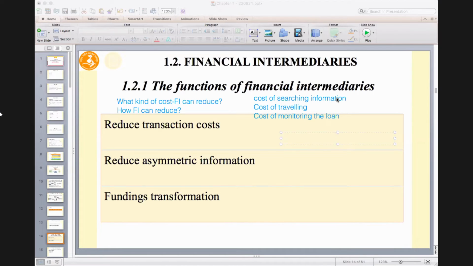We will make 3 loans, and we will compare 2 cases. In the first case, 3 loans will be made by the bank.